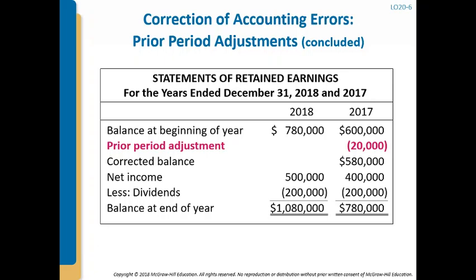And so since the error occurred in 2016, in 2017 you would show a prior period adjustment to reflect the change that needs to be made as a result of the error in 2016. So that's pretty easy.